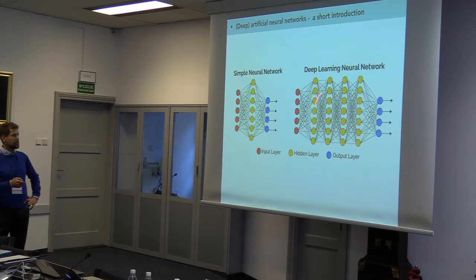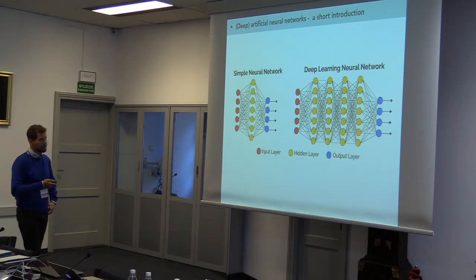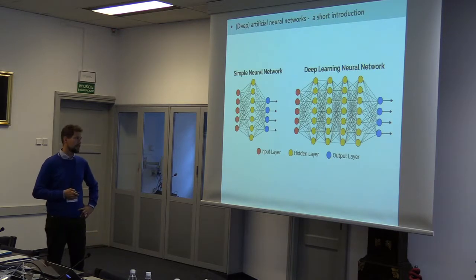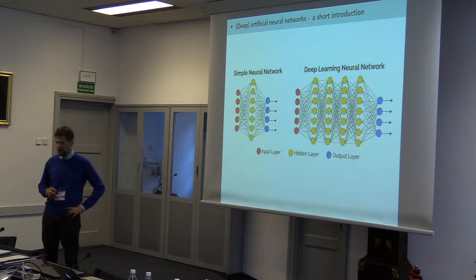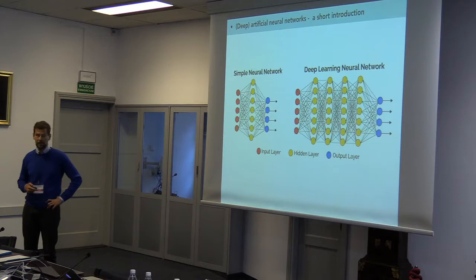But the real fun starts when you add the number of hidden layers. When you do that, this is called deep learning. What we will talk about today in my presentation will be really deep neural networks.